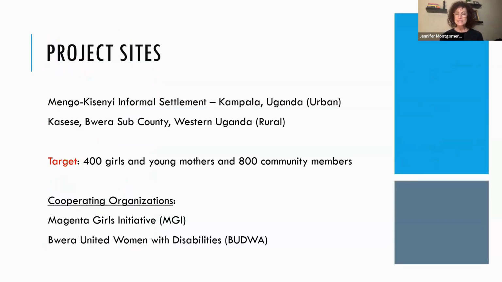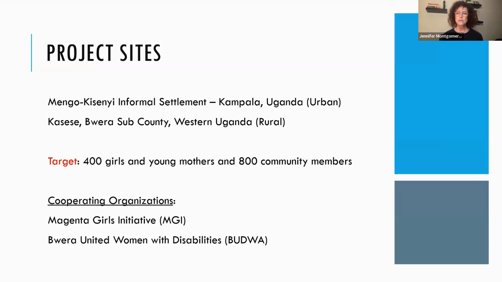The project site for this global grant, we have two. And the reason why we chose two is because we want to affect both an urban area and a rural area in Uganda. The Mengo Kasenyi informal settlement is this slum community where I've been working now for several years with other global grant projects and this group of women. This particular slum community is huge.